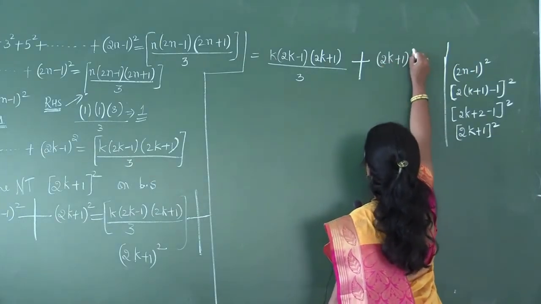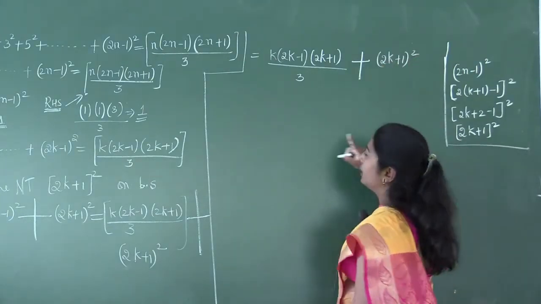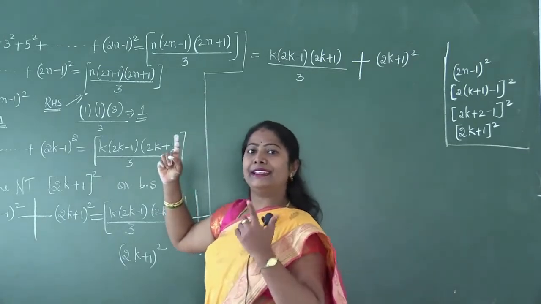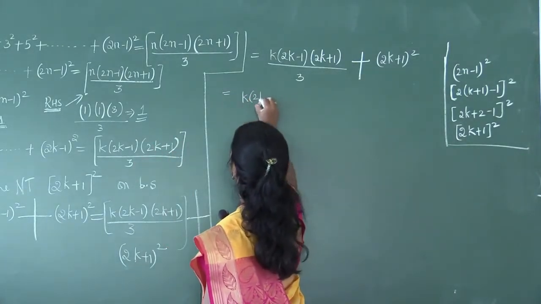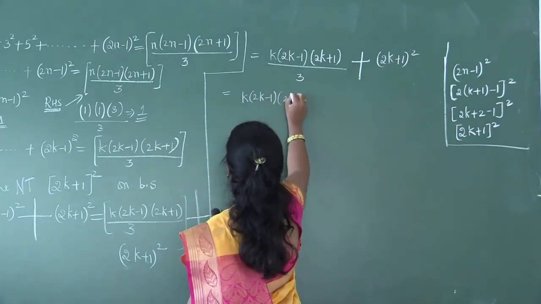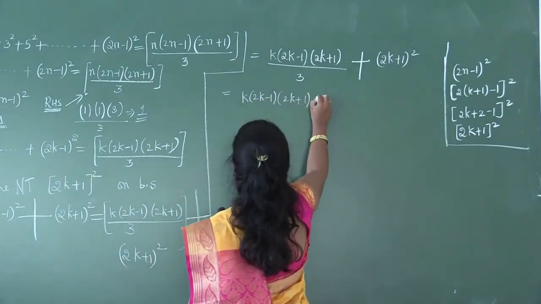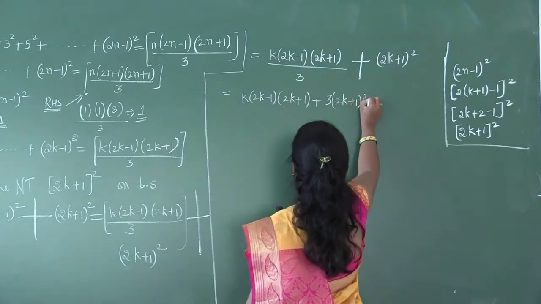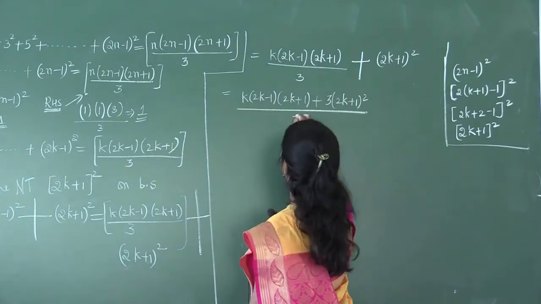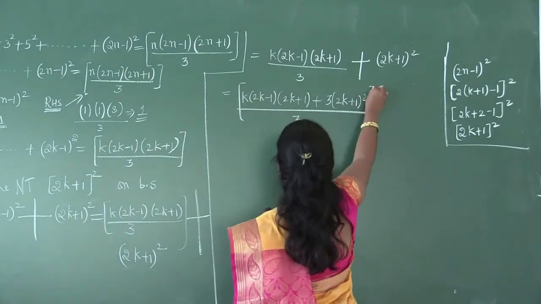Cross multiply and take the LCM. So what do I get? K into 2k minus 1, 2k plus 1 plus 3 times 2k plus 1 whole square divided by 3.